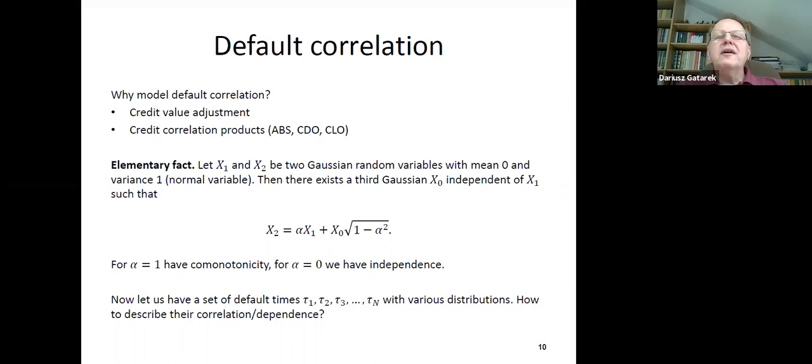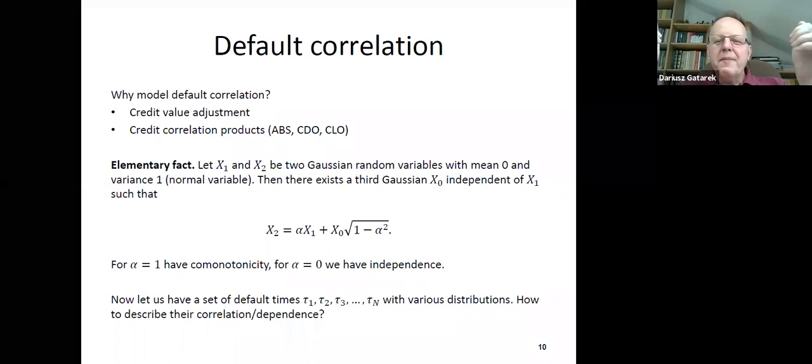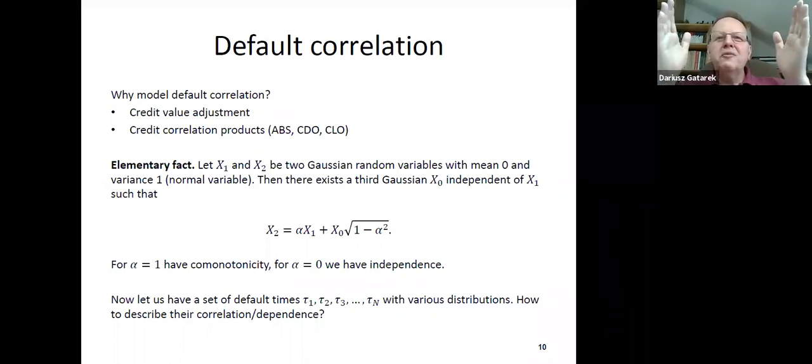So when one ugly thing happens to us, then we've got a sequence of bad events. So that is default correlation.